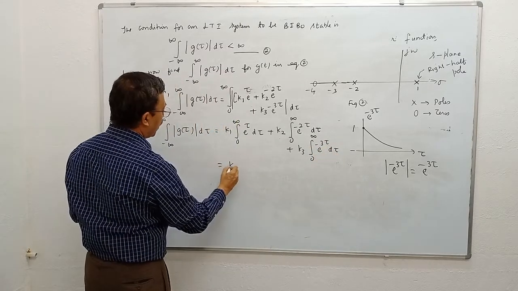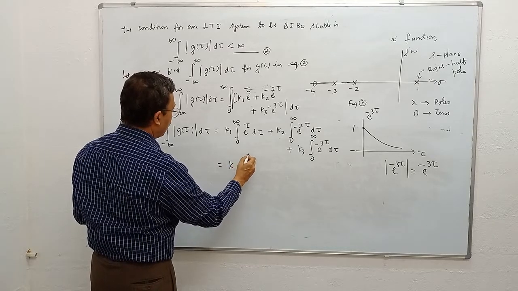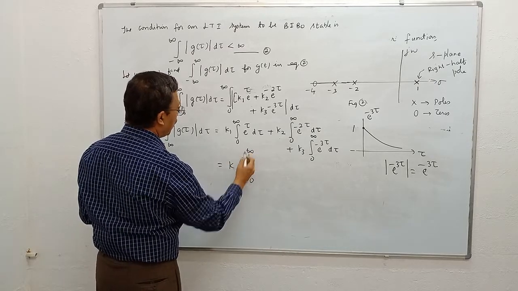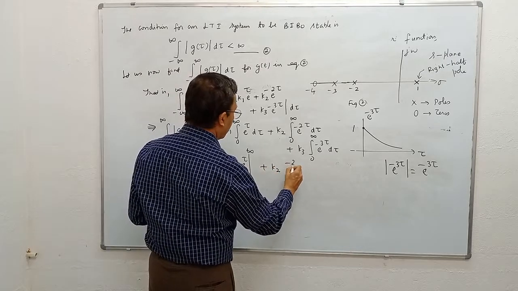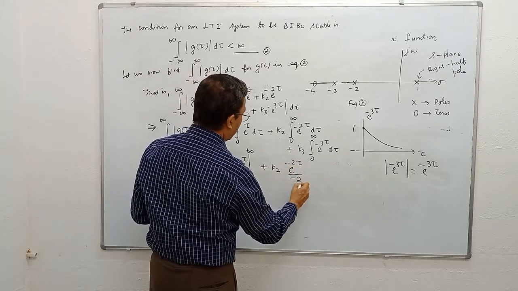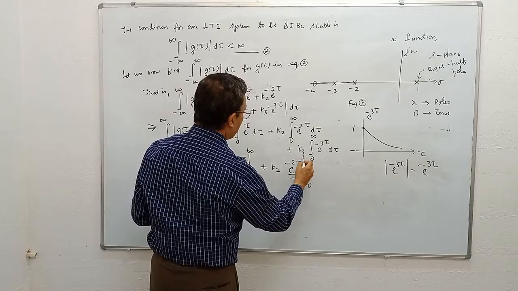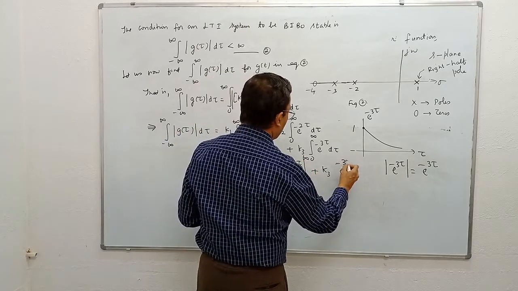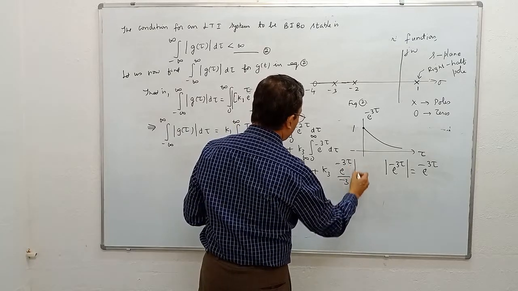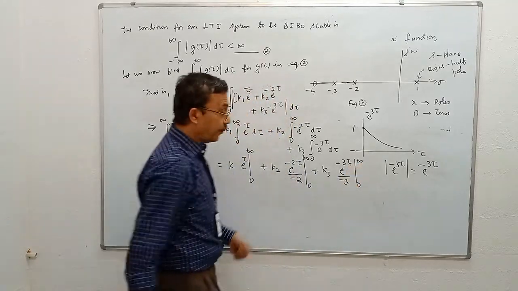So this is nothing but K1 e^tau limits from 0 to infinity plus K2 e^(-2 tau)/(-2) limits from 0 to infinity plus K3 e^(-3 tau)/(-3) limits from 0 to infinity.